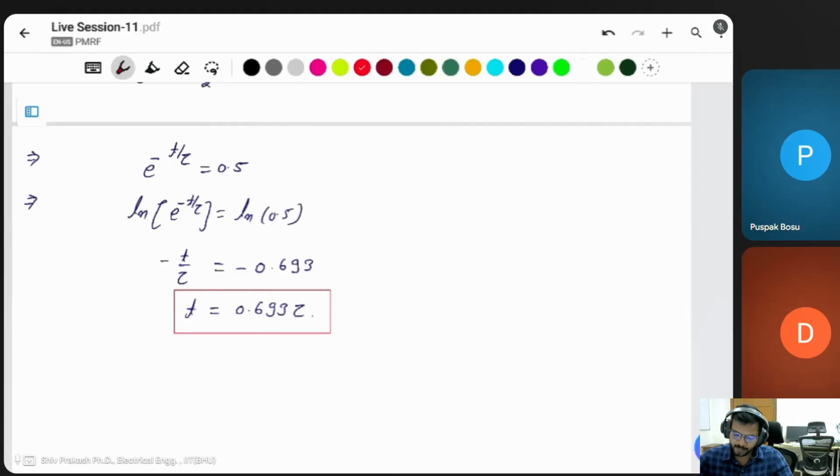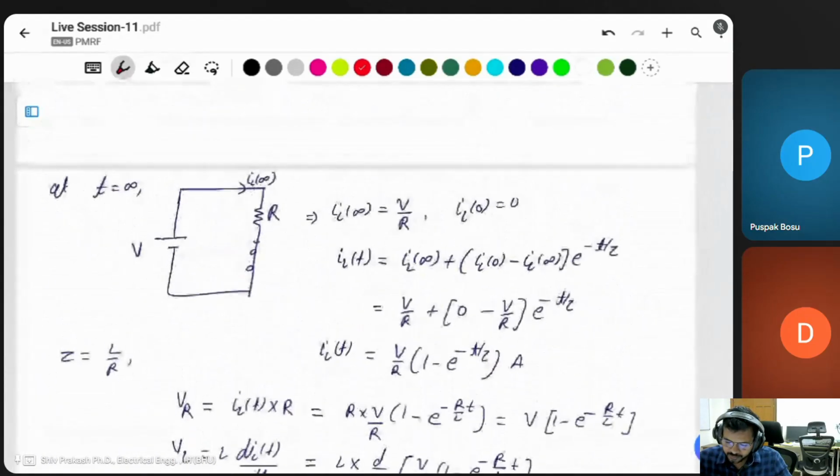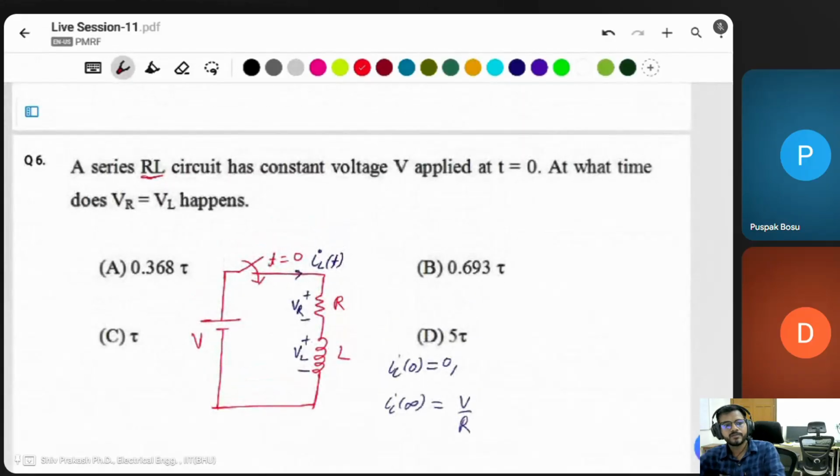In an RL circuit, we simply find the inductor current, then find the voltage L di by dt, then apply VL is equal to VR.